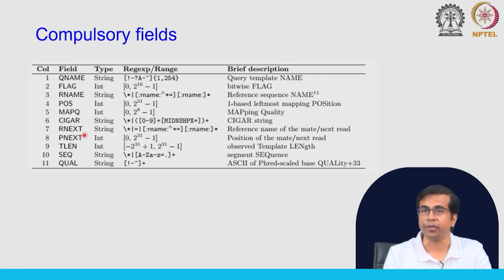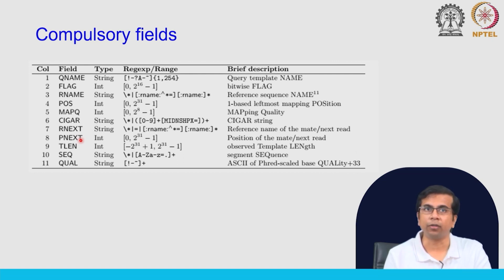Then PNEXT is the position of the mate in the reference sequence, and we can derive the fragment length, which is given in the 9th field. This is TLEN. Again we have described how we derive this TLEN value. And the final two fields simply give the sequence of the read or its reverse complement and the quality score that comes from the FASTQ file.